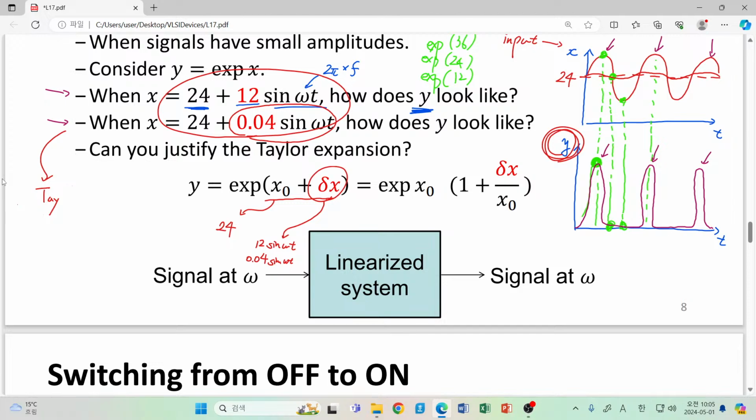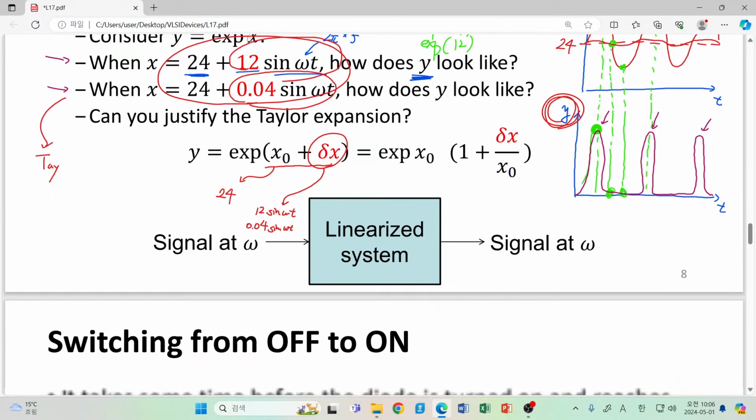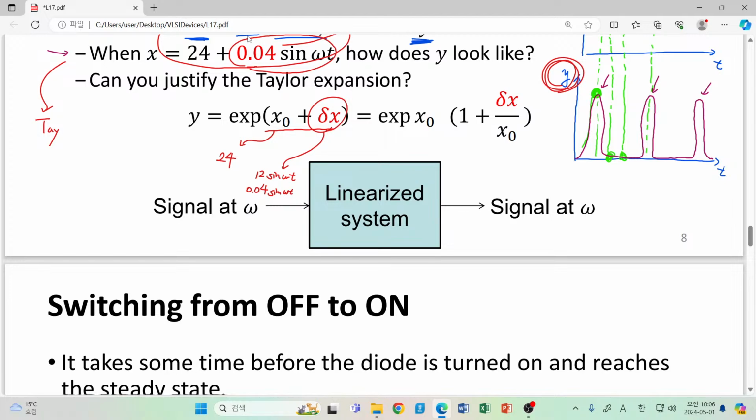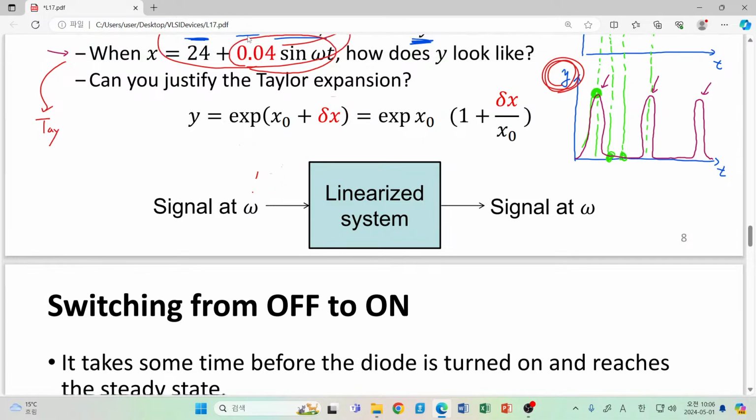However, if we have a large amplitude for this sinusoidal term, we are not allowed to use this Taylor series expansion.